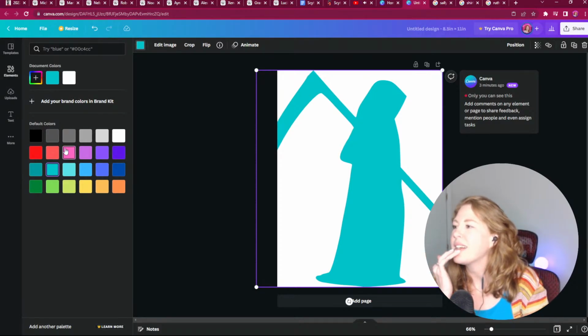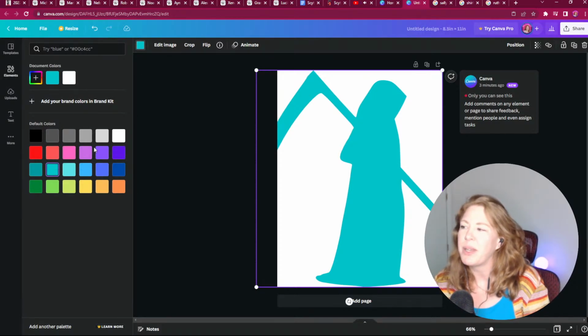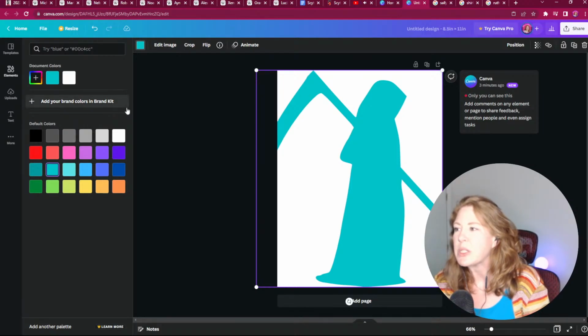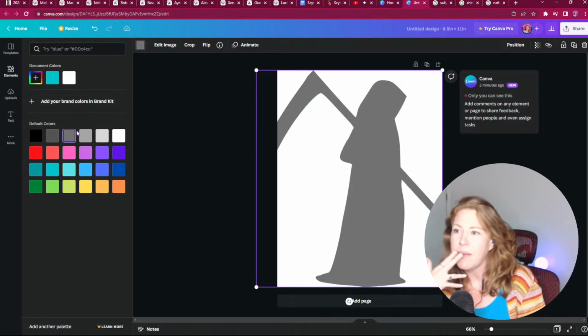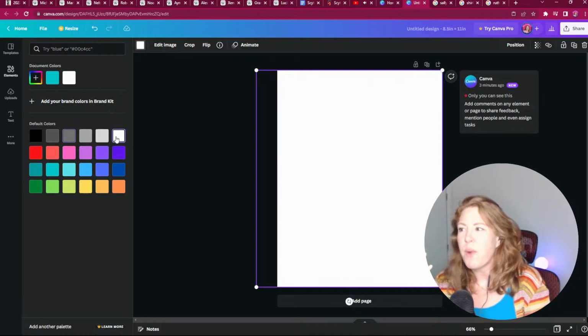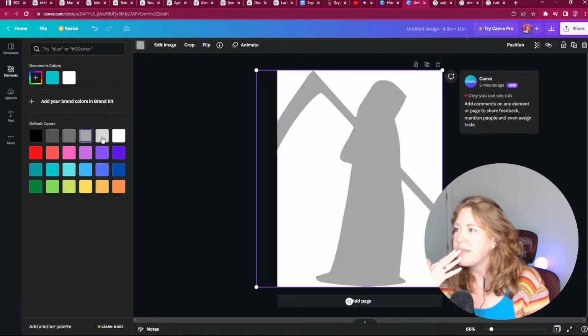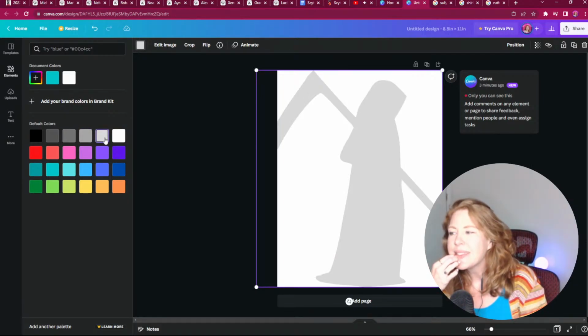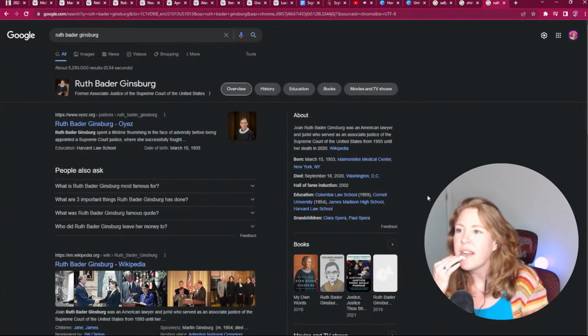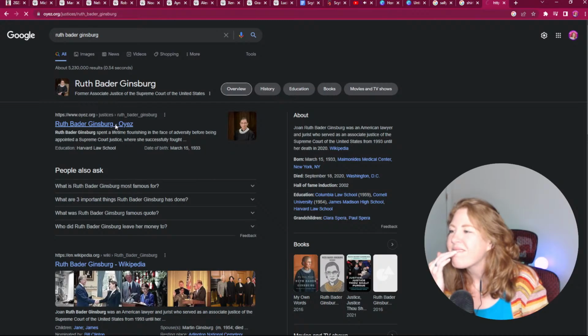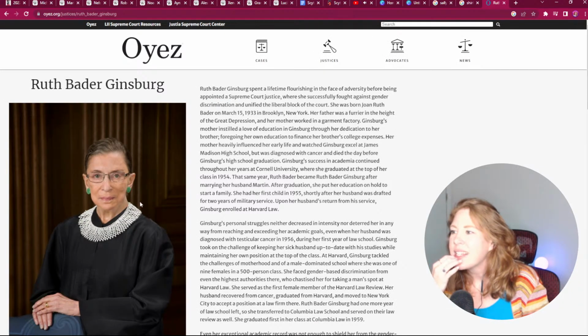So what color? Because her robe was black, so I can't choose black, unfortunately. I could do like a gray, or I could do a white. No, we can't see white. Could do a white though. What was Ruth Bader Ginsburg's favorite color? She always did the lace, right?